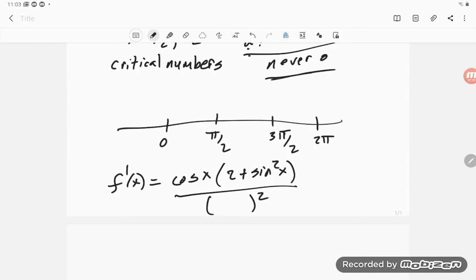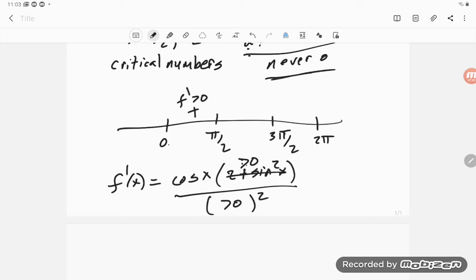I don't really care what the value is other than is it positive or negative. This is always bigger than 0 down here. This thing in here is always bigger than 0, 2 plus sine squared x. And so it's just about the cosine. Between 0 and pi over 2, f prime is positive because the cosine is positive.